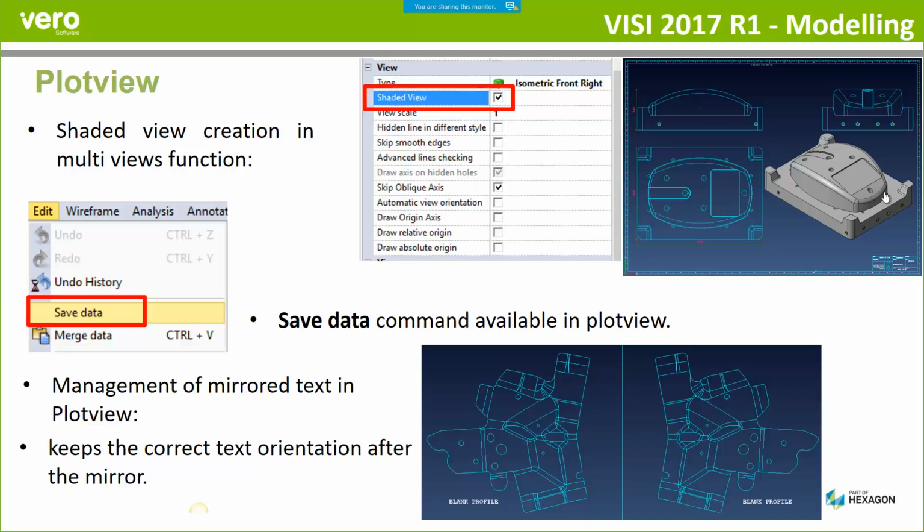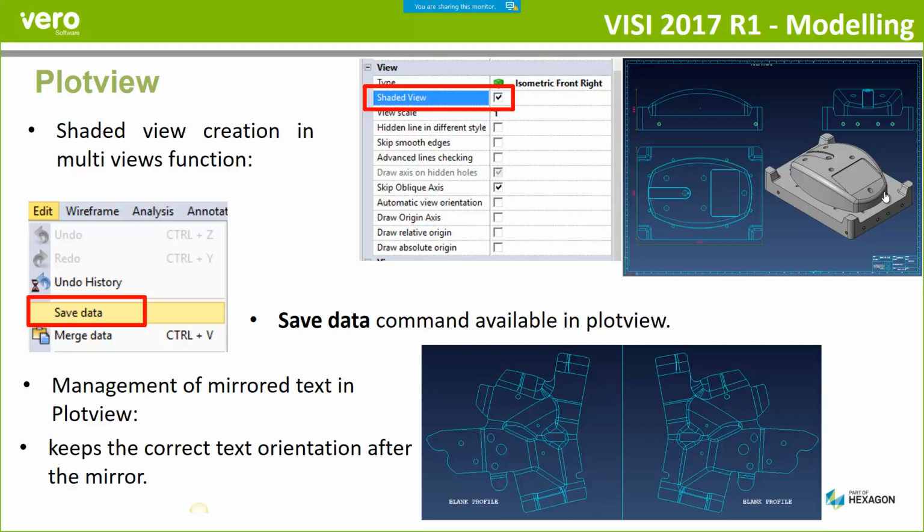The save data option: there are two functions within the edit drop down list, save data and merge data. These have historically been in Visi for a while now, useful for copying data between databases without having to save it to your hard disk, but we haven't been able to do this with plot view data and wireframe data.